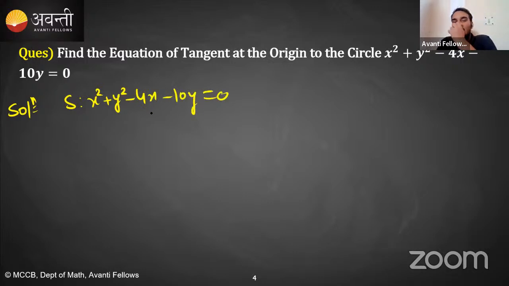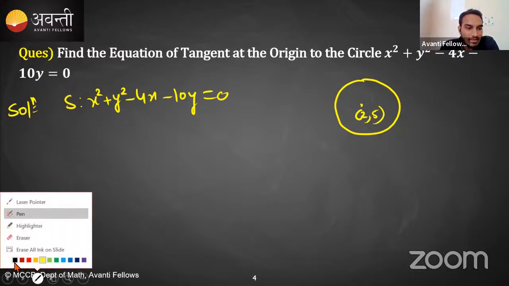I gave you this in your homework. If you have to draw a rough sketch of the circle, the center is minus half the coefficient of x, which is 2, comma minus half the coefficient of y, which is 5. So (2, 5) is the center.